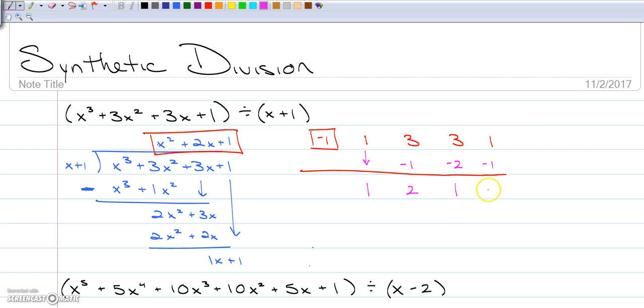With a negative 1. Finally 0. Notice this is the same polynomial as what you had before. 1, there was 2x, and there was x squared. Same exact result. Same exact remainder. But this process went a whole lot faster than that original.